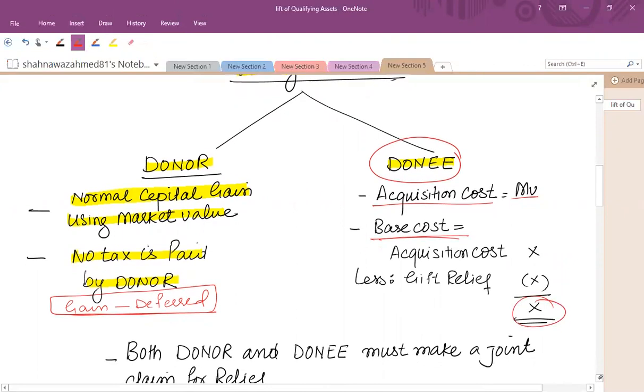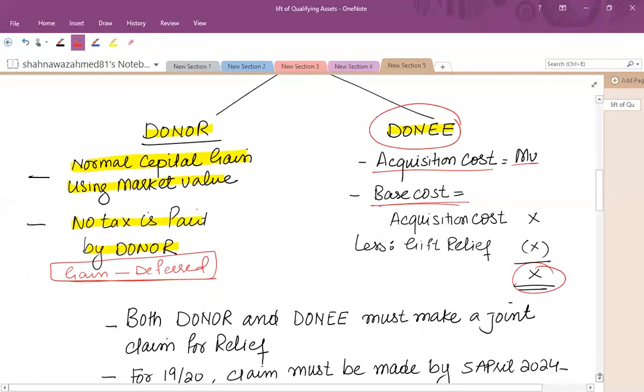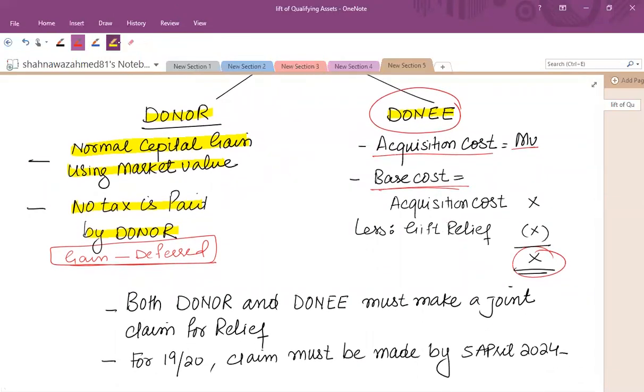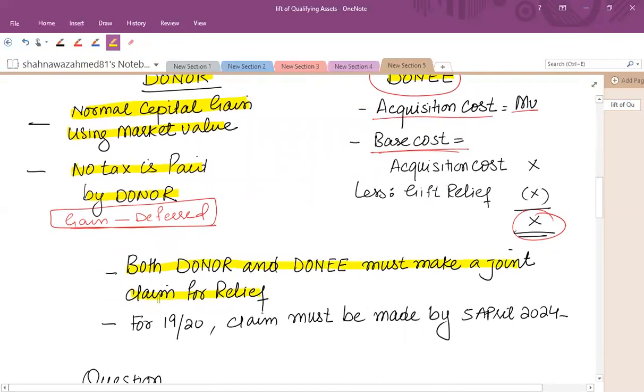So tax is to be paid by the donee, but both donor and donee must make a joint claim for relief, and the deadline is 4 years after the tax year. So for 2019-20, the claim must be made by 5th April 2024.